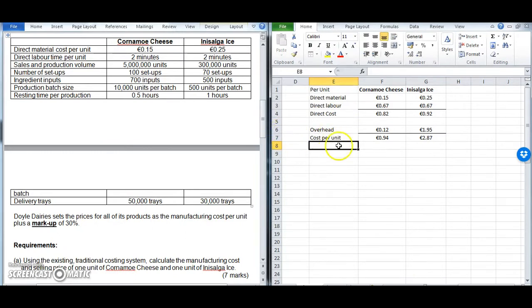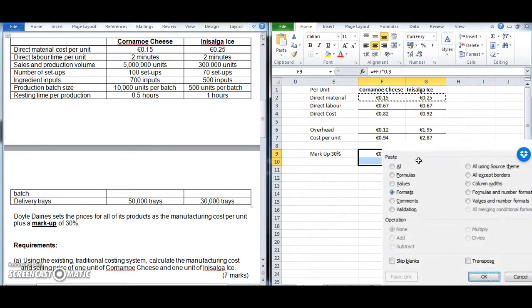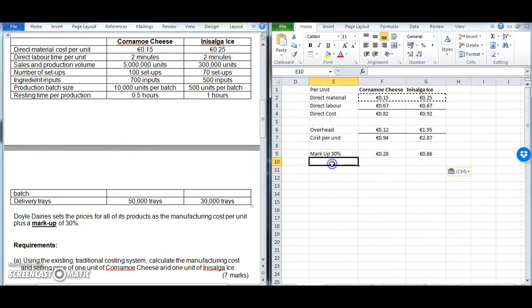Don't forget, you also have to get the selling price, similar to the previous requirement. So markup is the same. The markup here is times 0.3 and the markup here is times 0.3. So that gives you 30% markup. That's just to determine what the sales price is.